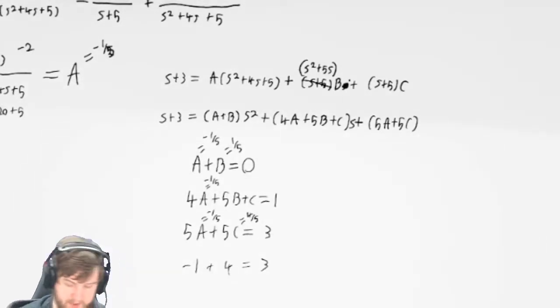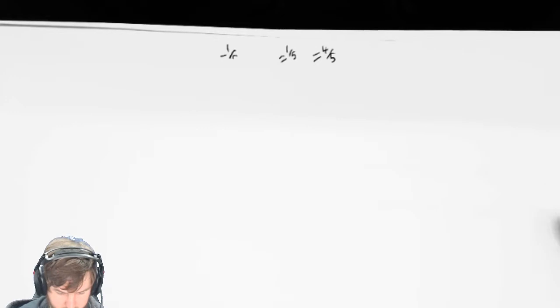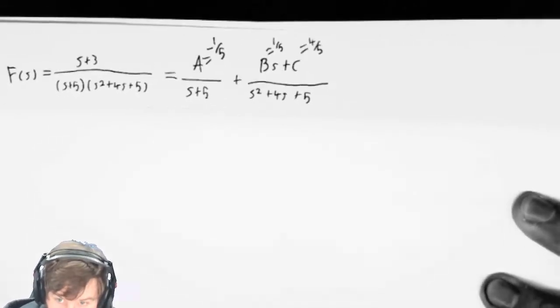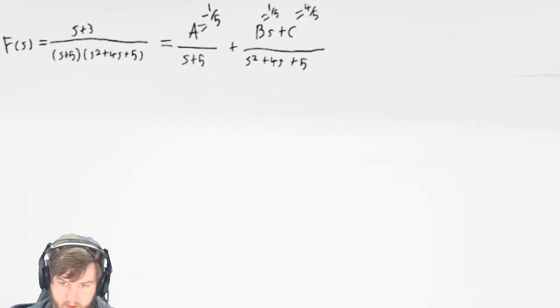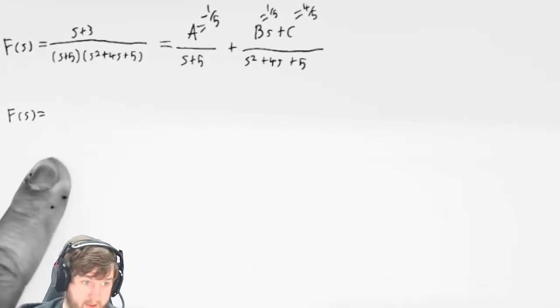I'm going to get another piece of paper. So that means our f of s is equal to, so I'm going to write these out in decimal form because I think that'll make it a little bit easier.